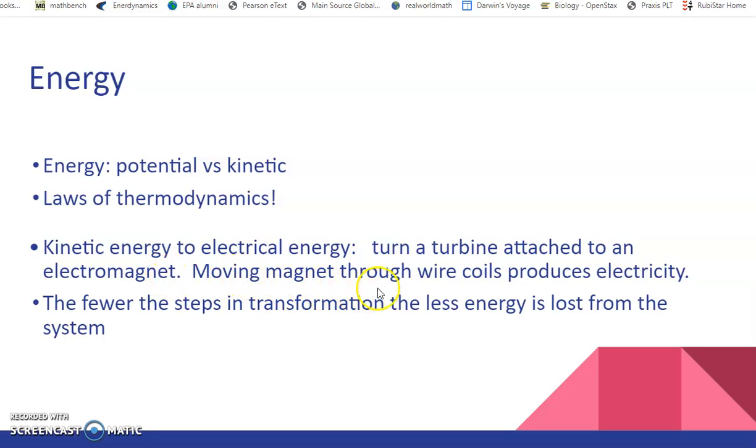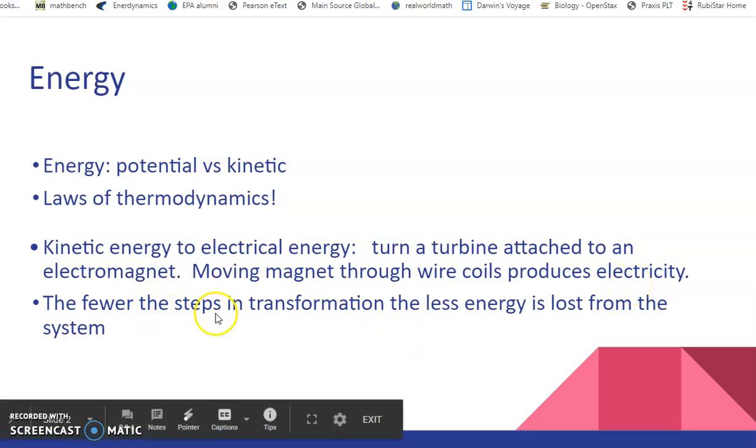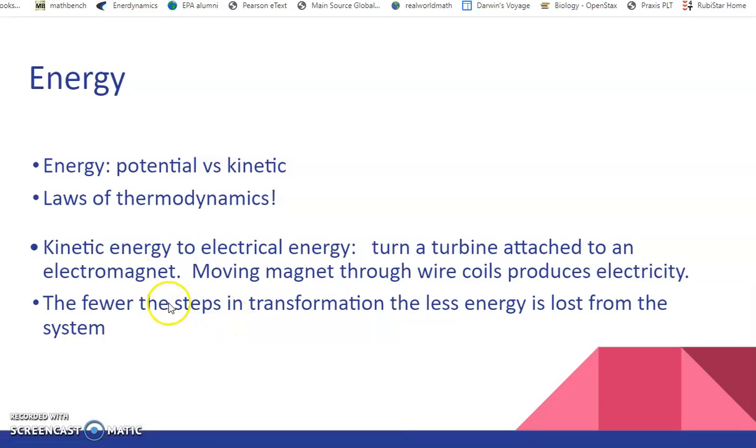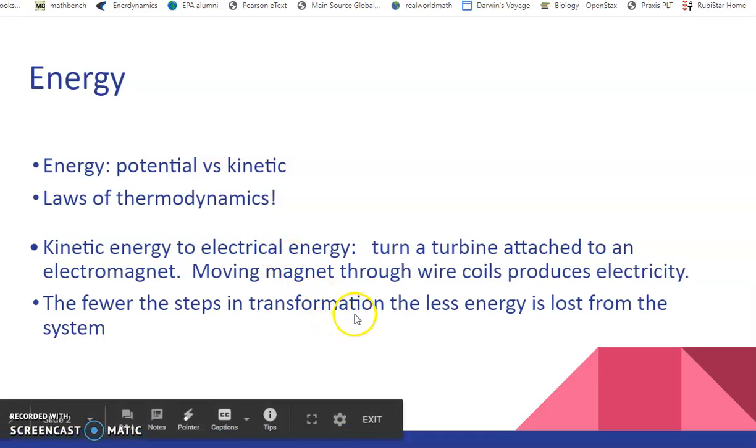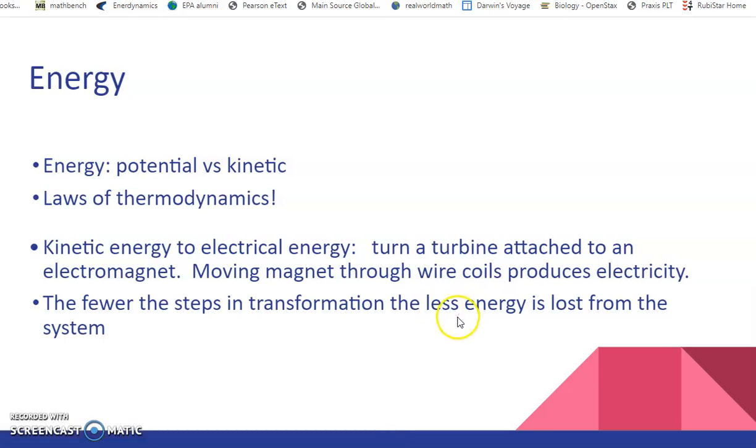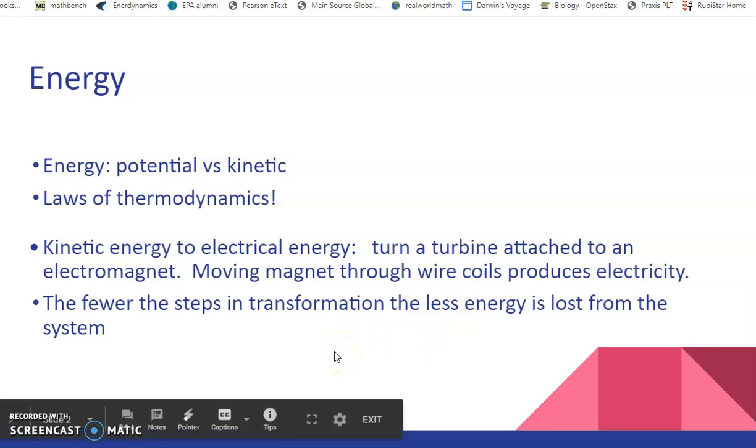And moving that magnet through wire coils is what produces the electricity. And the fewer steps in this transformation, so when you go from where your starting point is and how many types of transformations there are, the more efficient it is. So the fewer steps, the less energy is lost from the system.